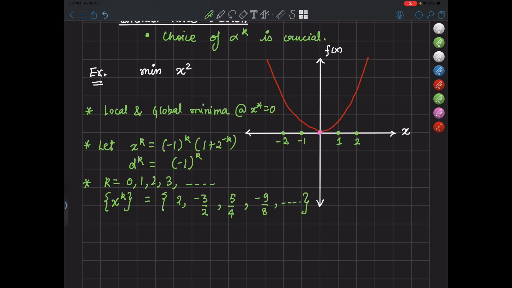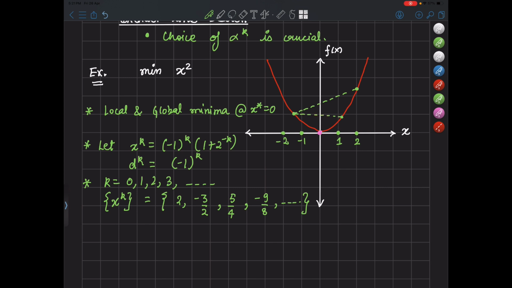Basically, if I start, it will be 2, then minus 3 by 2 somewhere here, then it will go to 5 by 4. 5 by 4 is 1.25, so it will be somewhere here.